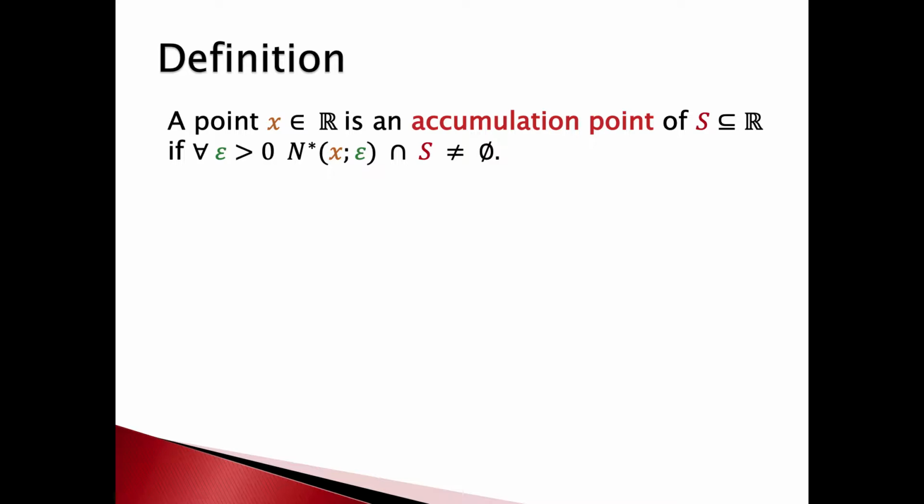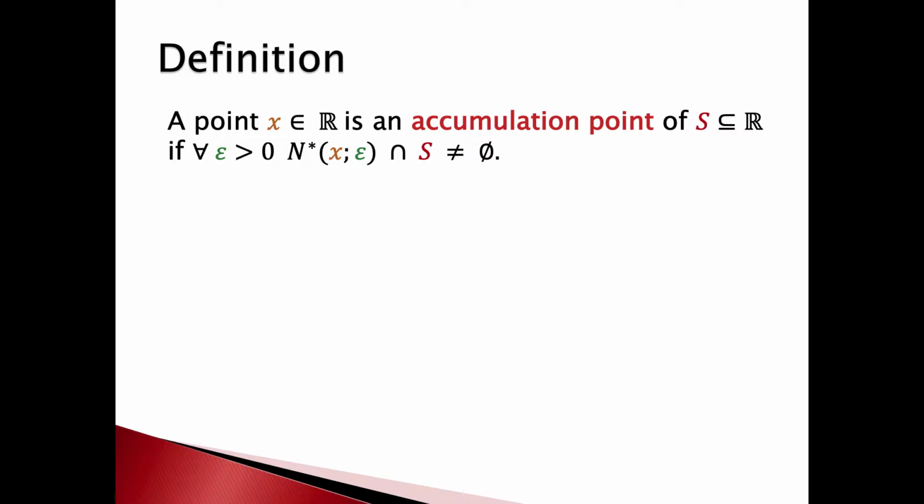Okay, so why do we need the deleted neighborhood? Well, remember, x presumably might be a point of S. So we want to erase the x from our neighborhood and still have something inside that deleted neighborhood which is still in S. In other words, think about what an accumulation point should mean: points in S are all getting close to x.